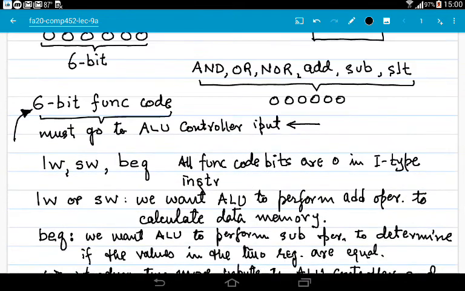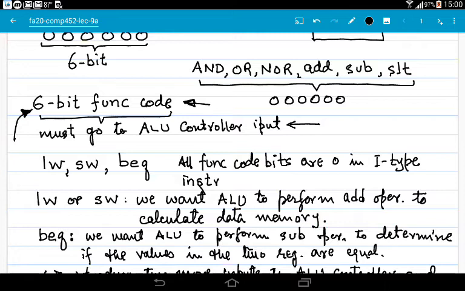And the other 6 inputs will come from the 6 function code bits. Now the function code bits are already present in the instruction itself.